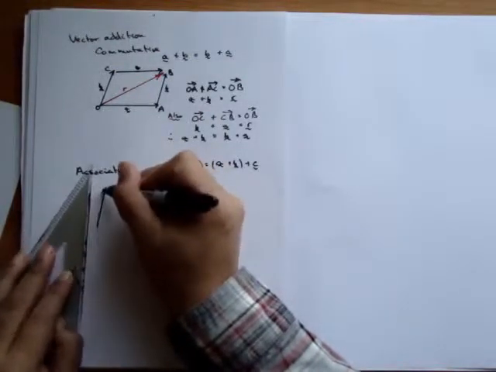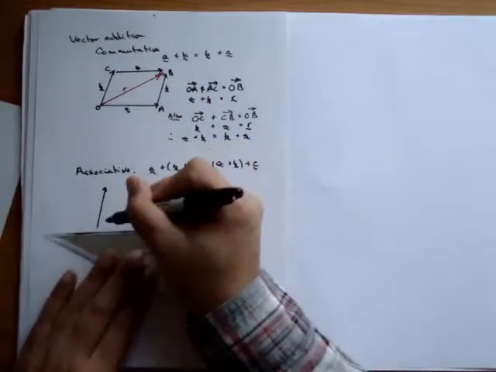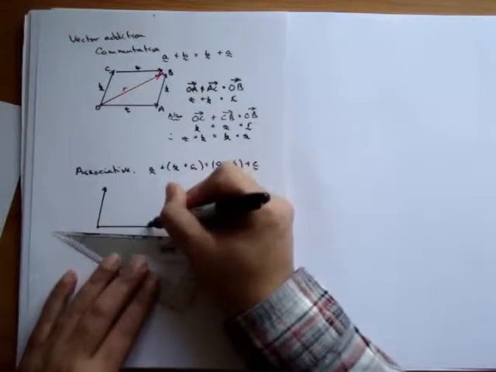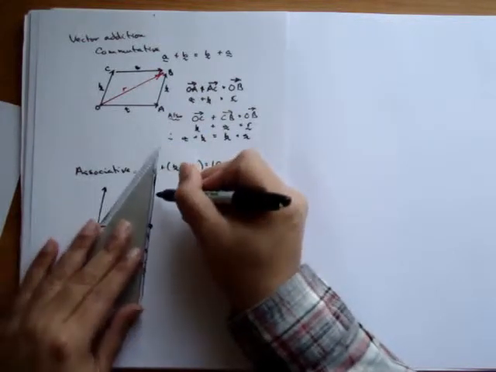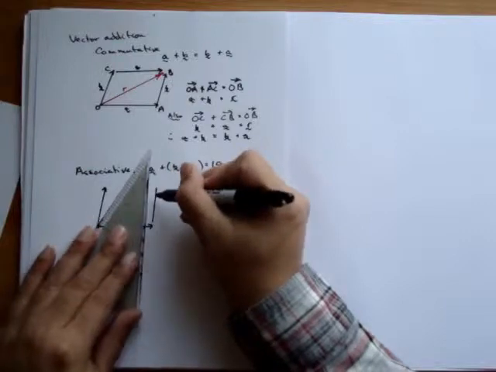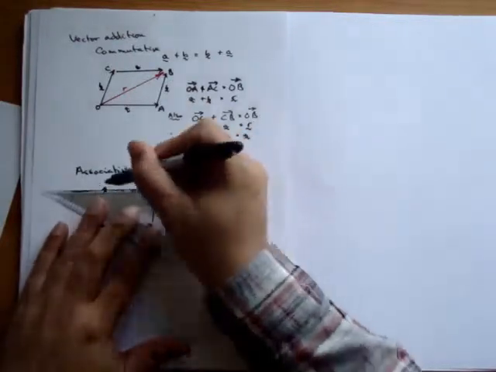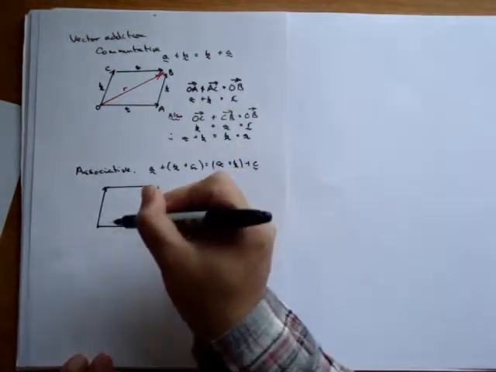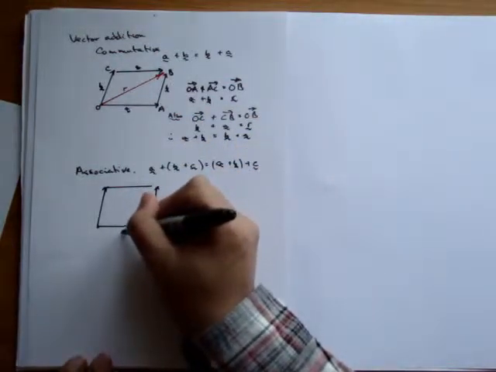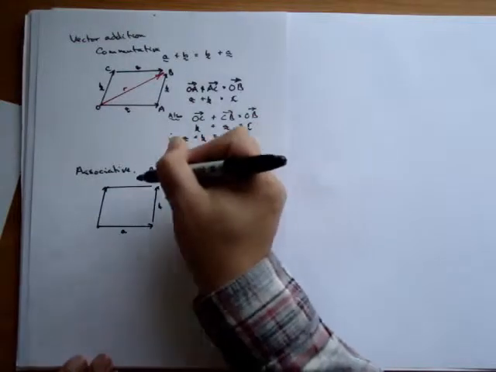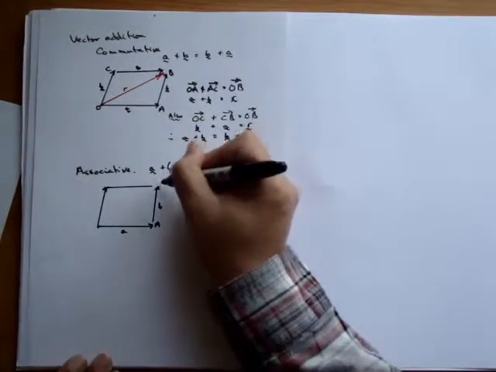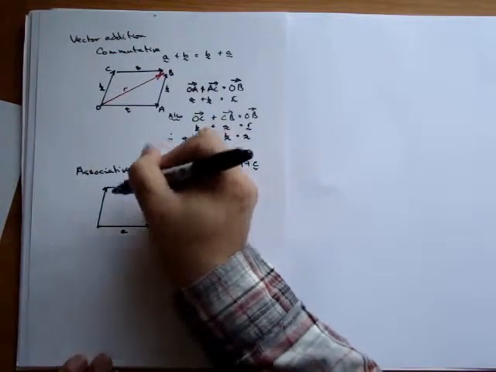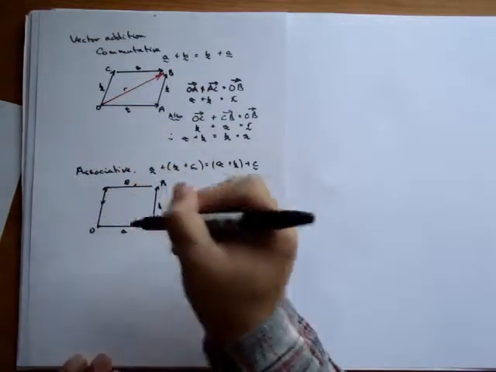So let's quickly draw that. So here we would have A, B, and here we would have C, and we'd have O.